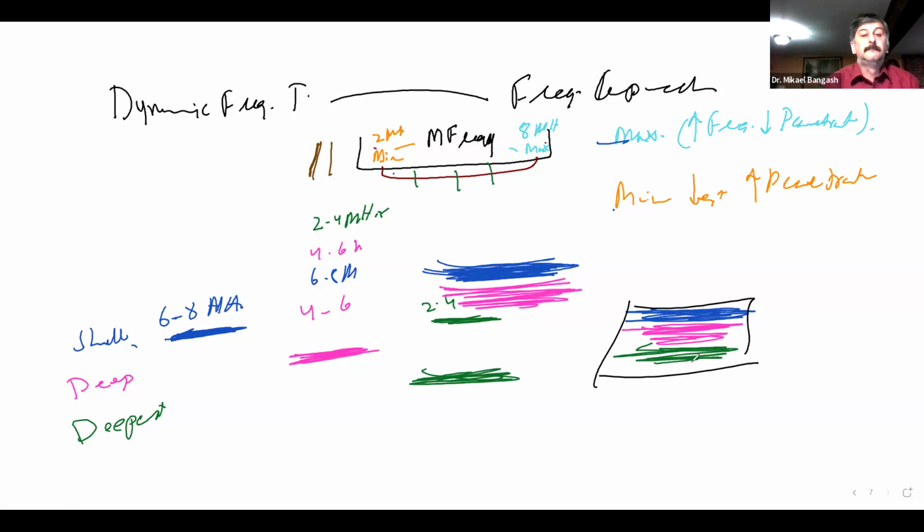Did you guys get that? So frequency compounding is taking these different parts produced by the different frequencies of your bandwidth and putting them together to create a new product, or in this case a final product, which is our final frame.